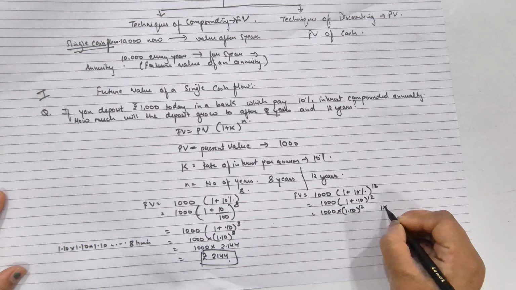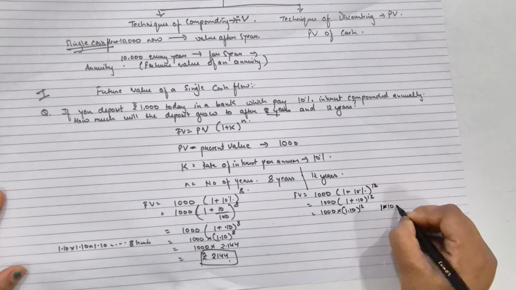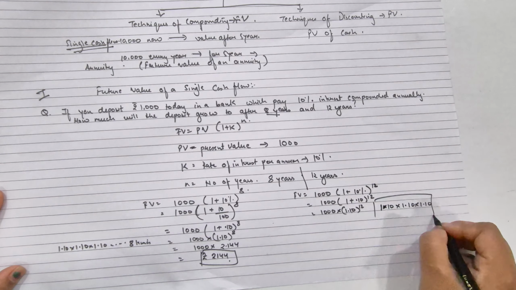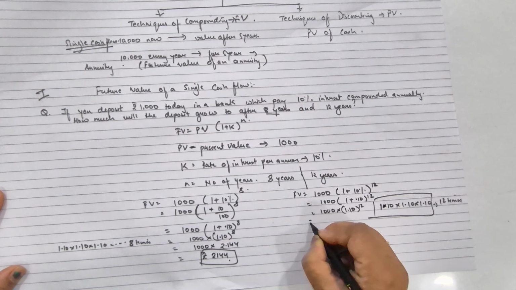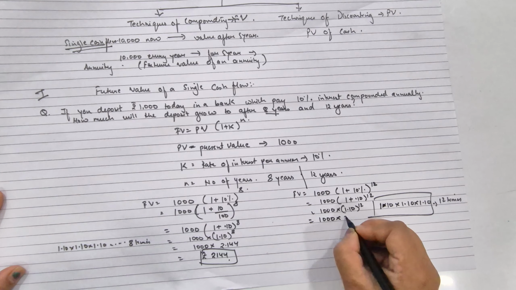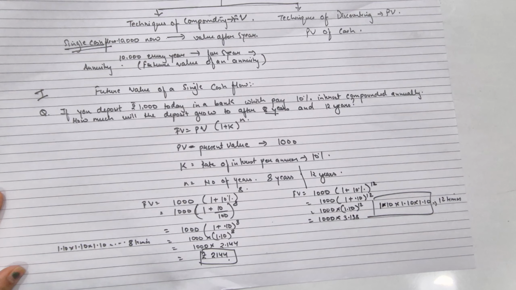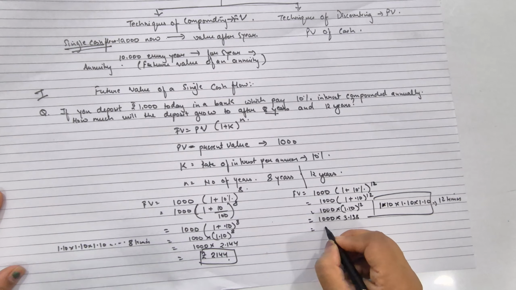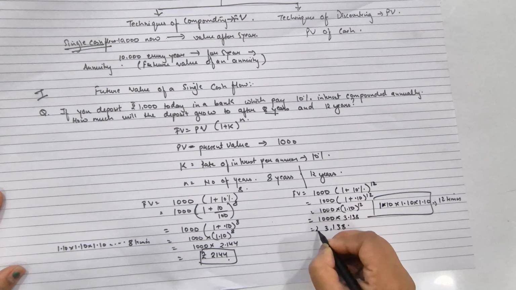This means you have to multiply 1.10 into 1.10 into 1.10, how many times? 12 times, students. So you will get 1,000 multiplied by approximately 3.138. Fine. So now my future value would be 3138.